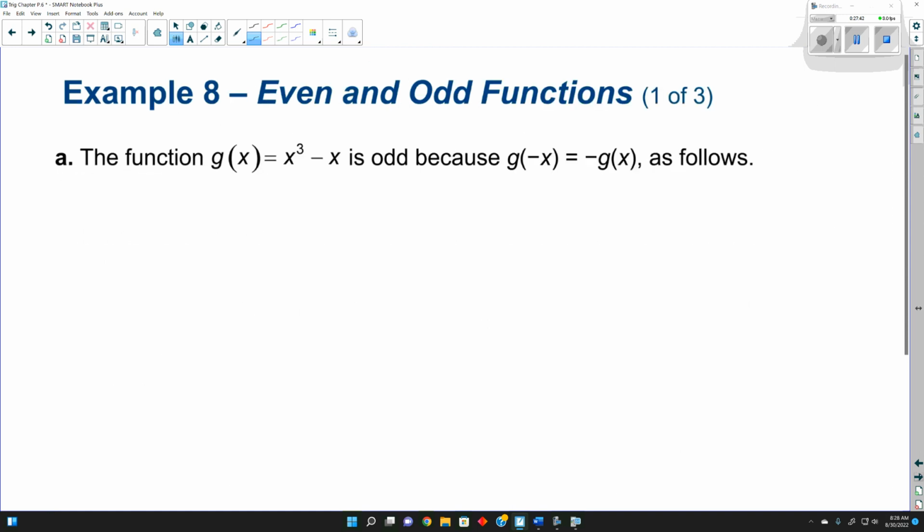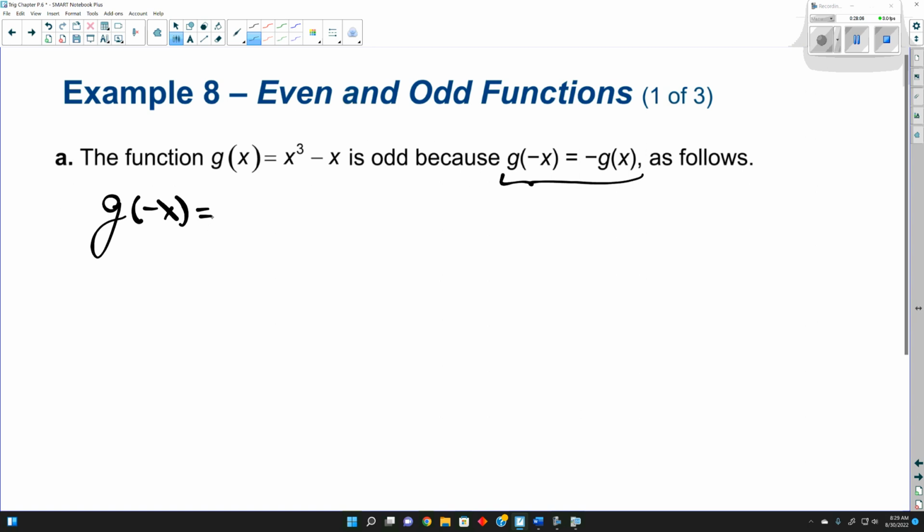Now we're saying that this function here is odd because of this. Well, being told something and actually seeing it are two different things. So I'm going to take g of negative x. Well, g of negative x, I'm plugging negative x for every x.